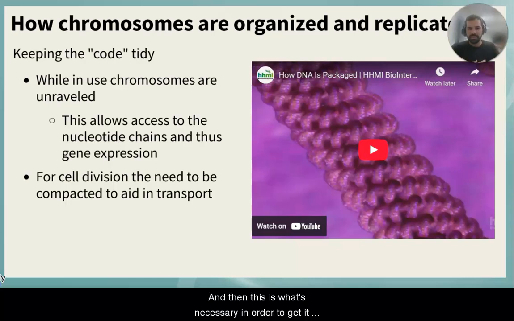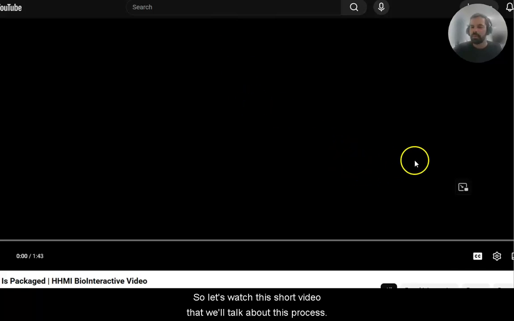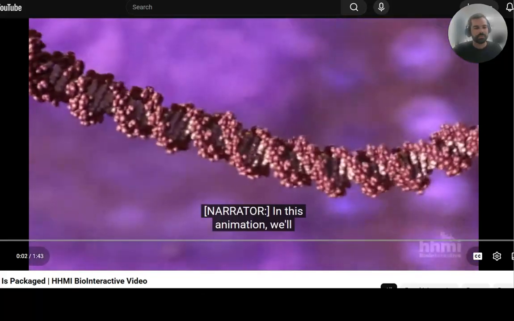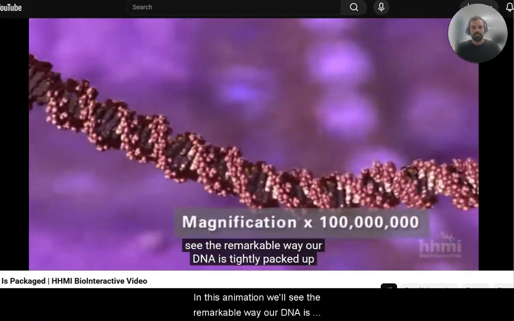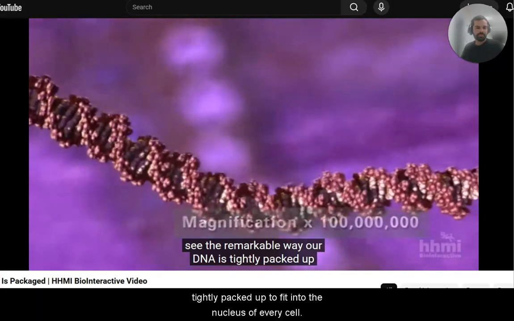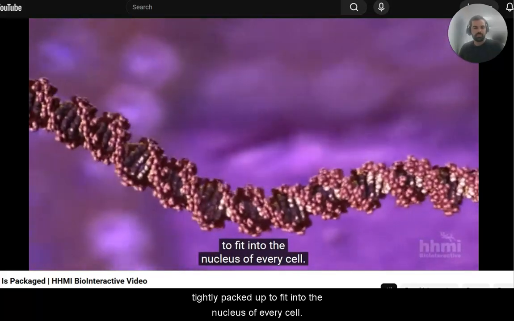This is what's necessary in order to get it into a much more compact shape that can be more easily transported without getting damaged. So let's watch this short video that will talk about this process. In this animation, we'll see the remarkable way our DNA is tightly packed up to fit into the nucleus of every cell.